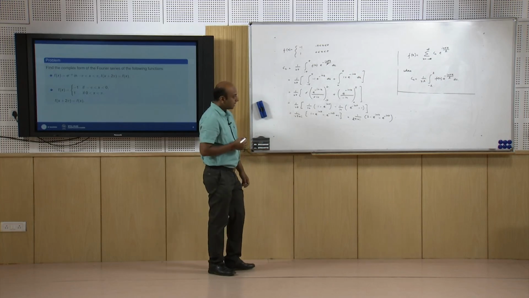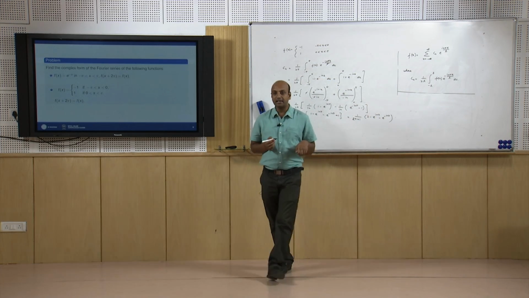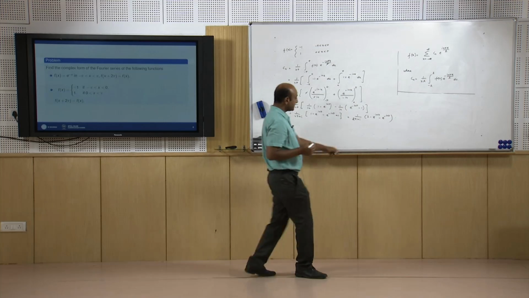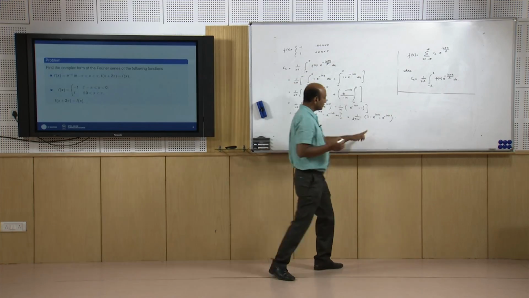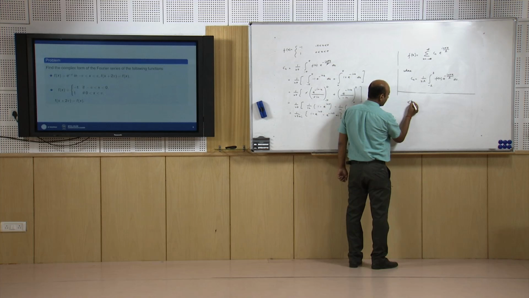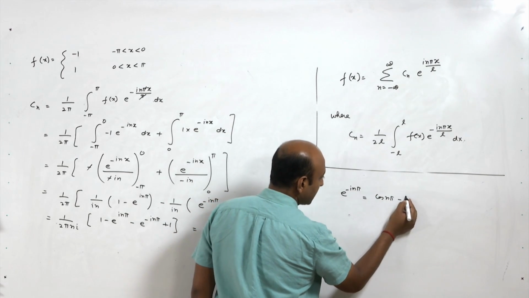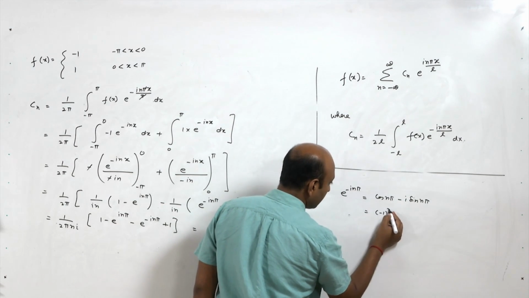Now, e to the power iota n pi is cos n pi plus iota sin n pi, which is minus 1 to the power n. And e to the power minus iota n pi will be nothing but cos n pi minus iota sin n pi, which is also minus 1 to the power n.